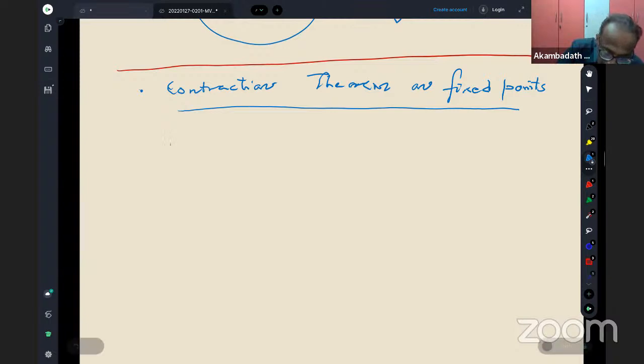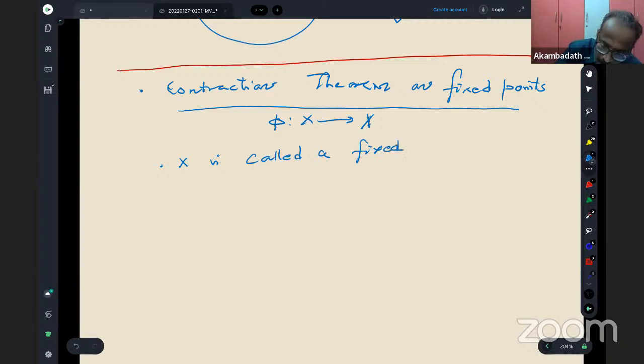So what is a fixed point? Suppose phi is a mapping, you can define any self map from X to X. We are in Rn only. X is called a fixed point if phi of x equals x.